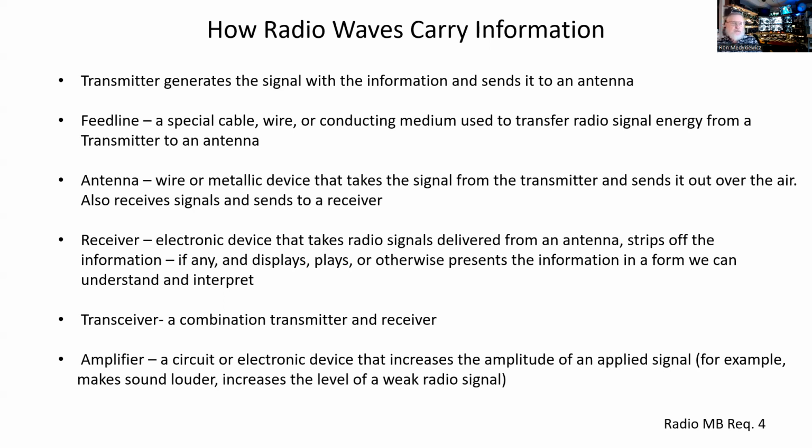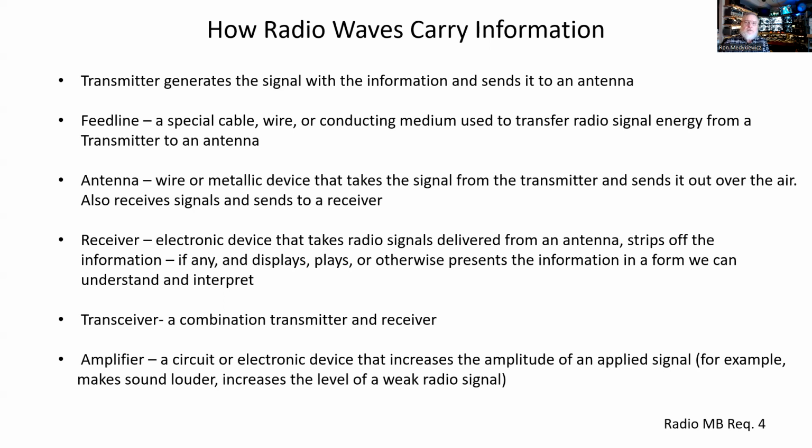These days, those functions of transmitter and receiver are generally combined into one unit, and that's called a transceiver. Our phones essentially are transceivers. Our two-way radios configured as cell phones are transceivers. They have a transmitter and a receiver built into one unit.